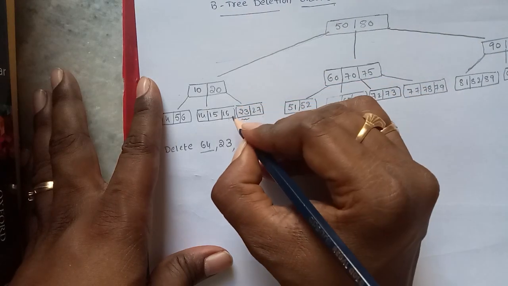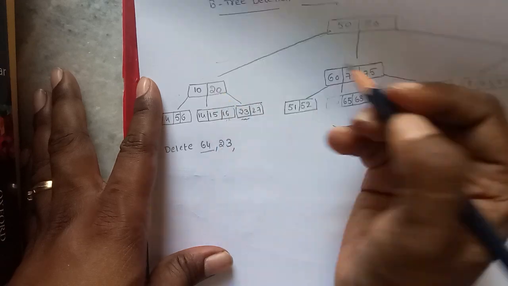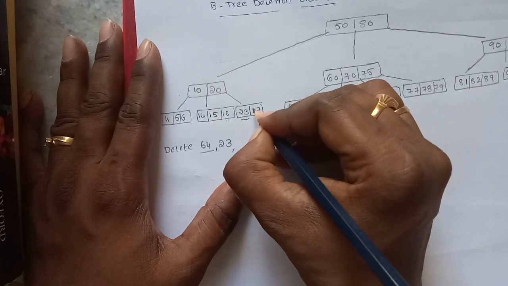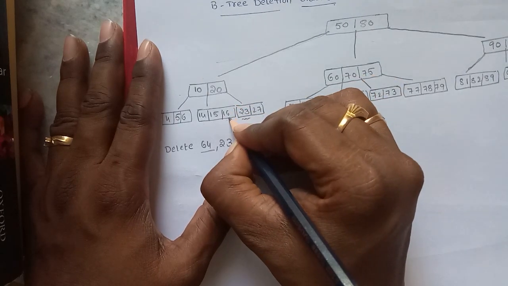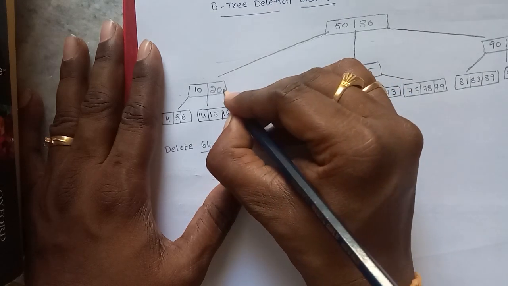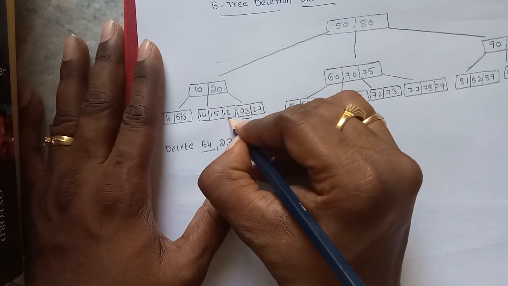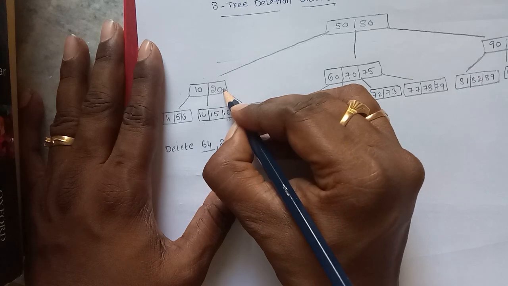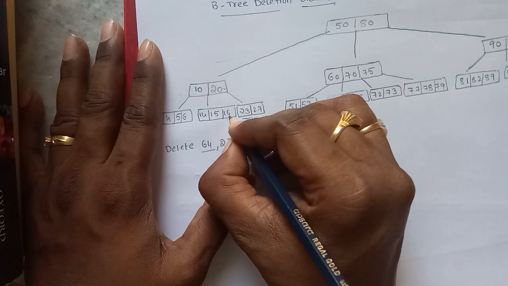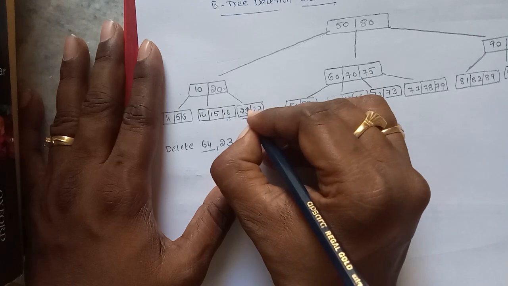How does it happen? If you want to borrow from the left sibling, the parent is also involved. The largest element from the left sibling is copied into the parent, and the parent value is copied into the violated node. That means 16 is copied into the parent, 20 is copied into the place of 23, and 23 is removed.